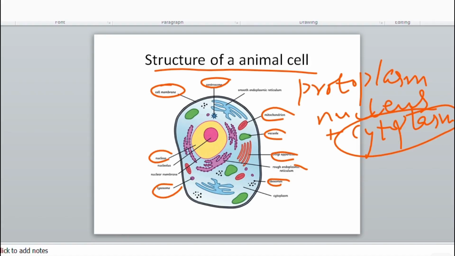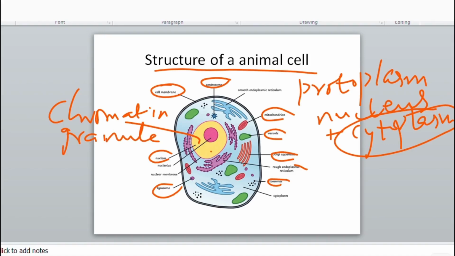Inside the nucleus, we also have what we call chromatin granules. The chromatin granules are the precursors of chromosomes.